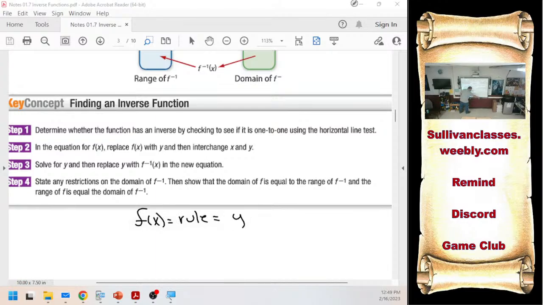So the first thing I should do is replace it; there's now a rule that has y's in it equals x. I swap my x's and y's, then solve for y, get all the way down to the end, and get the inverse function of x is whatever my new rule is. Swap x and y, solve for y, write it in the correct notation.